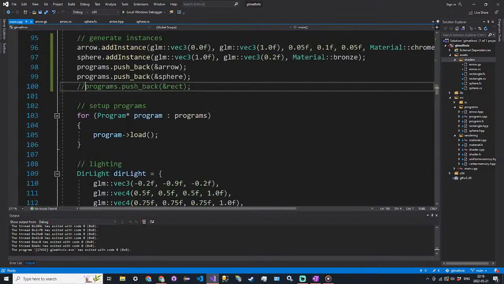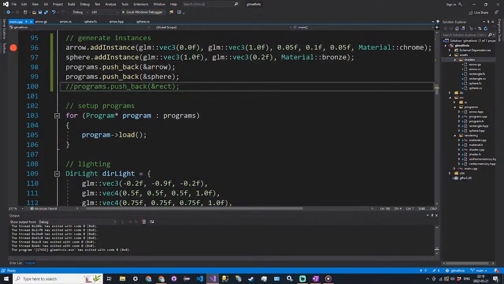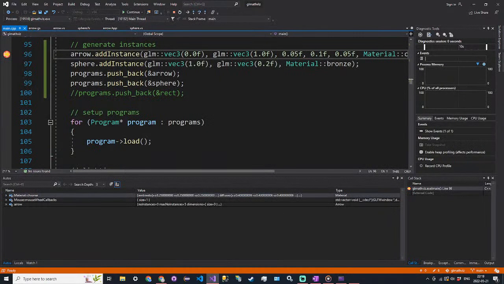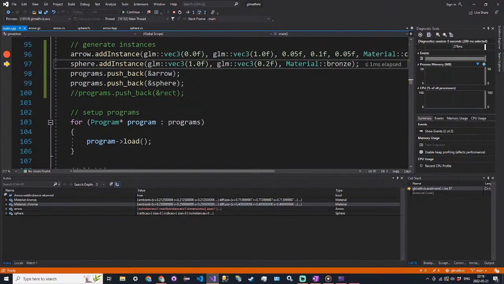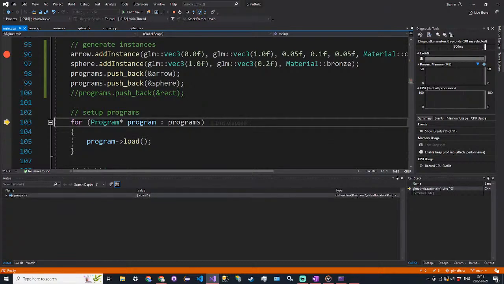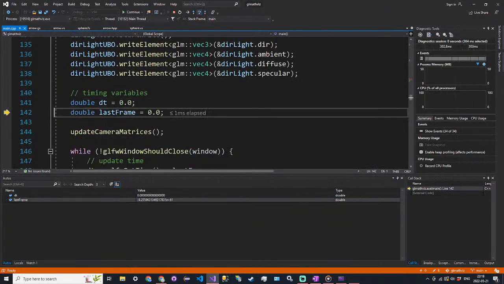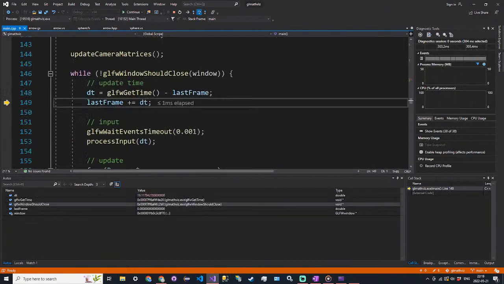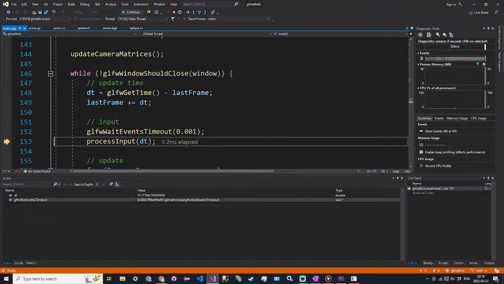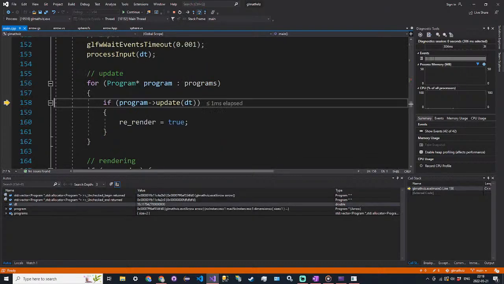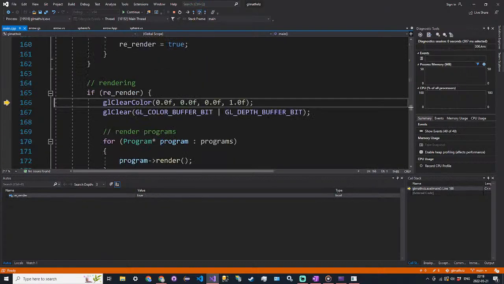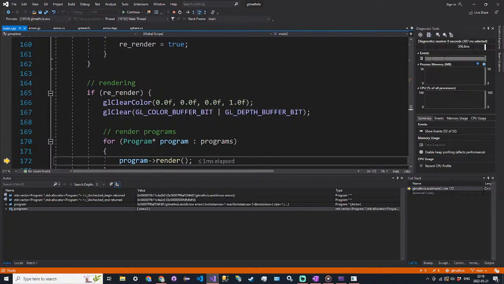Let me do a quick debug here. Arrow has, alright, so it has an instance. So we need to re-render the arrow.